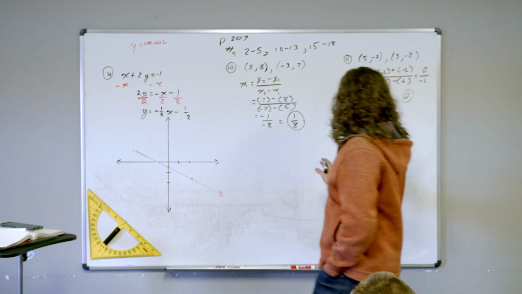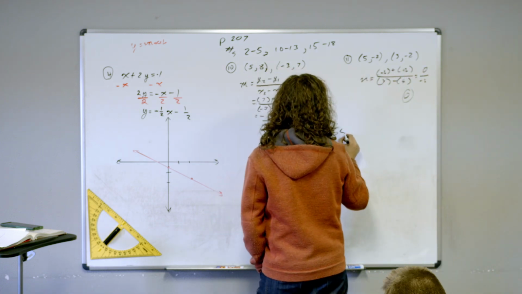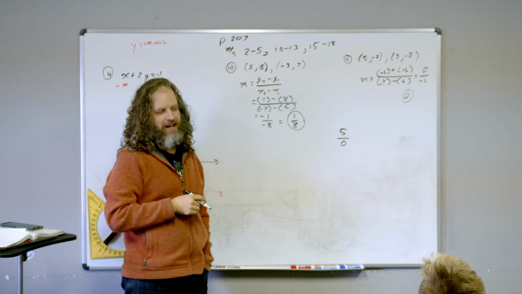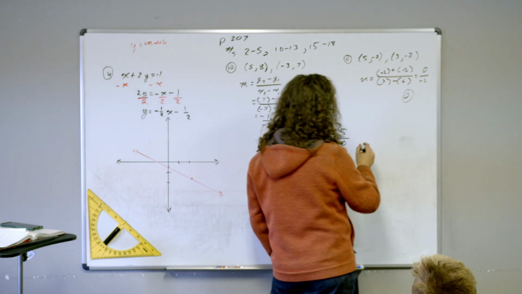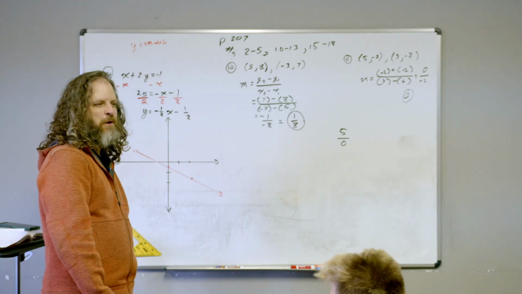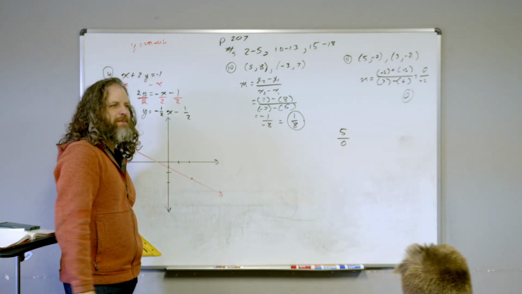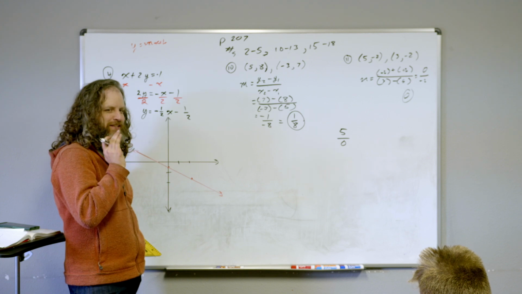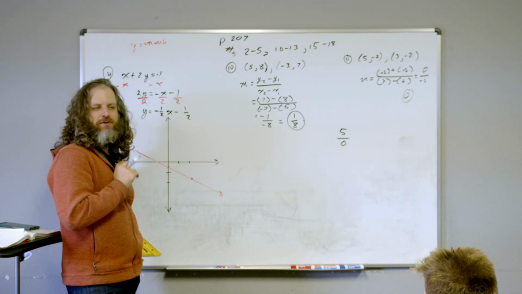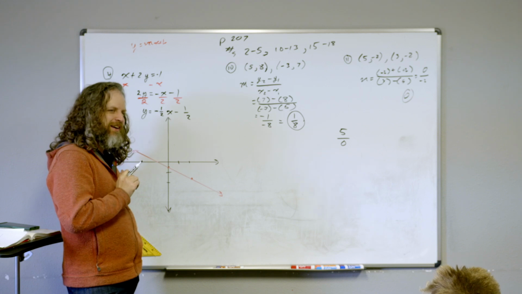What if we had gotten an answer and it was 5 over 0? What would that clean up to? Punch it in your calculator. Try it, see what happens. Don't nobody say it until everybody's got a chance to punch it. Push 5 divided by 0, enter.